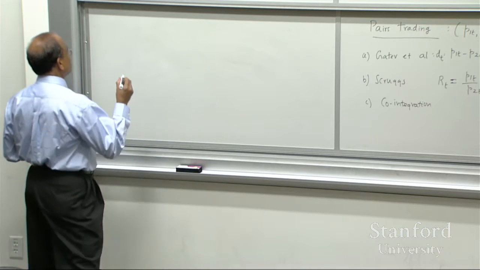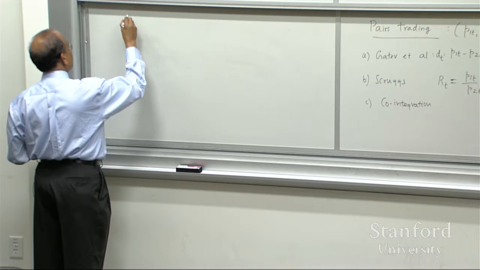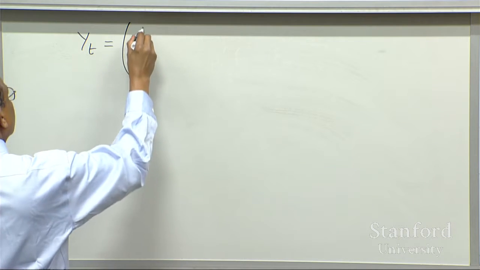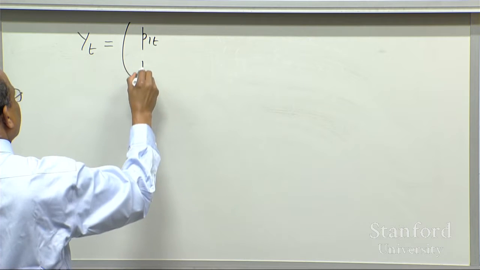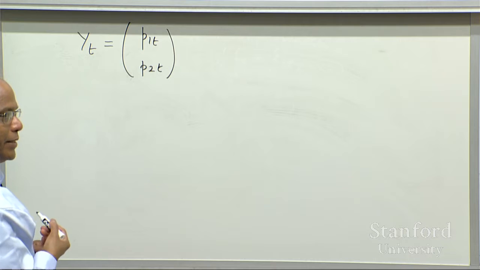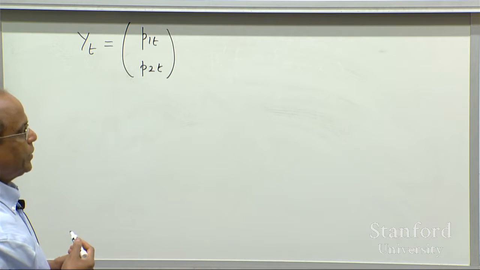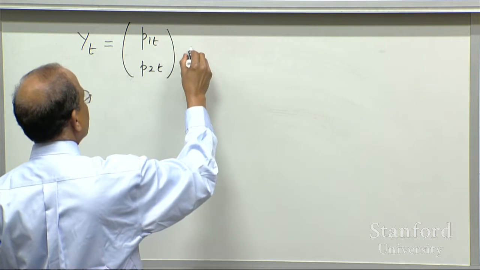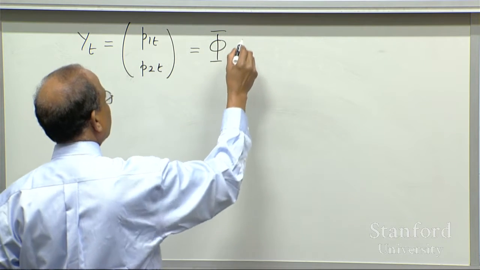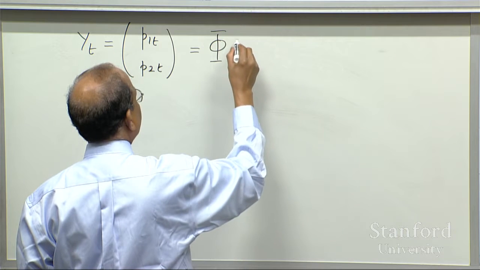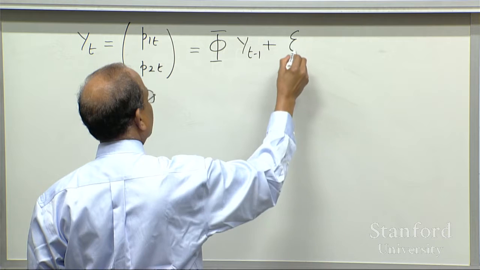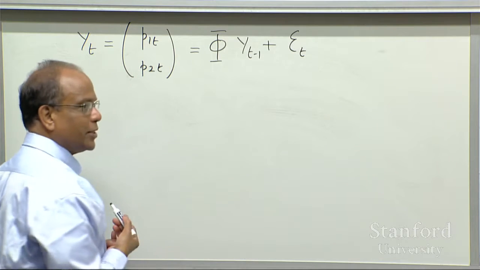So in terms of the notation here, yt is just p1t and p2t, a two-dimensional thing that we are looking at. Okay. And this is supposed to be related to pi times yt minus 1 plus some epsilon. So that's the setup that we have.